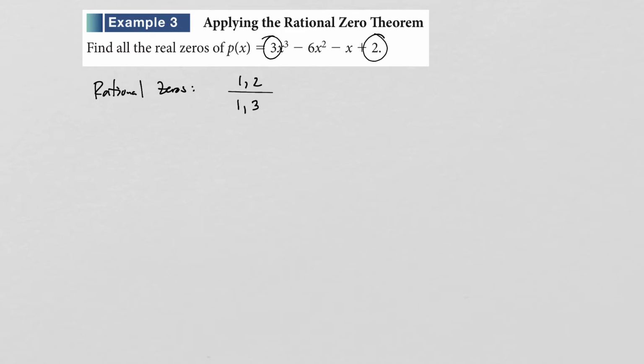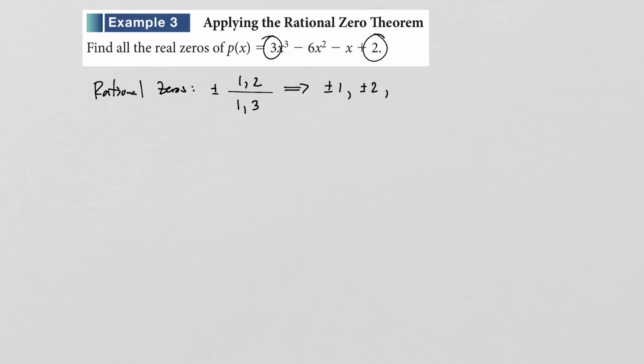So if you have a rational zero, it has to be a combination of one of these two numbers divided by one of these two numbers. And also it can be positive or negative. So the possible rational zeros are going to be 1 divided by 1, so that's going to be plus or minus 1. The other possible rational zero is 2 divided by 1, so that'll be plus or minus 2.